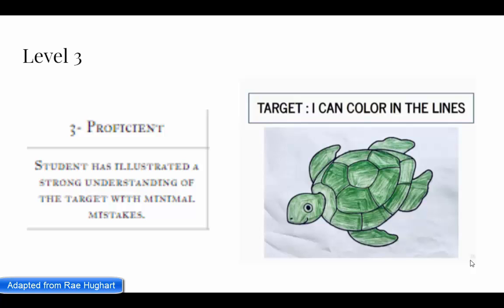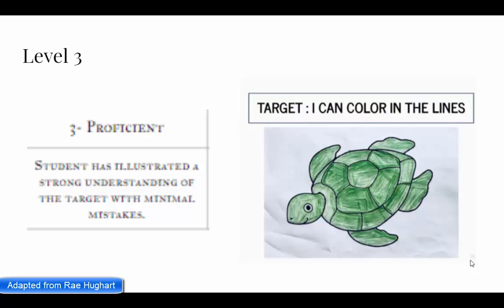You don't have any errors. There's not even minimal mistakes. It's perfect. If there's the word minimal in the target, that means you have to be perfect to get a 4 out of 4. But one like this, where it says I can color in the lines, you got to get a little more creative as to how you can excel and go above and beyond, right?